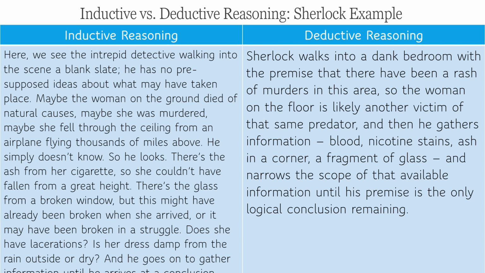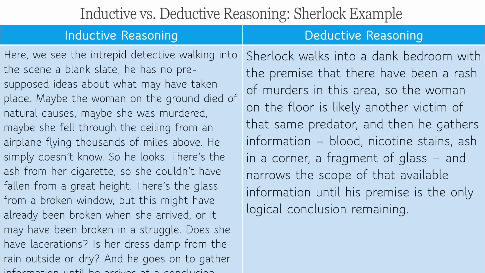So he looks. There's the ash from her cigarette, so she couldn't have fallen from a great height. There's the glass from a broken window, but this might have already been broken when she arrived, or it may have been broken in a struggle. Does she have lacerations? Is her dress damp from the rain outside, or dry? And he goes on to gather information until he arrives at a conclusion.